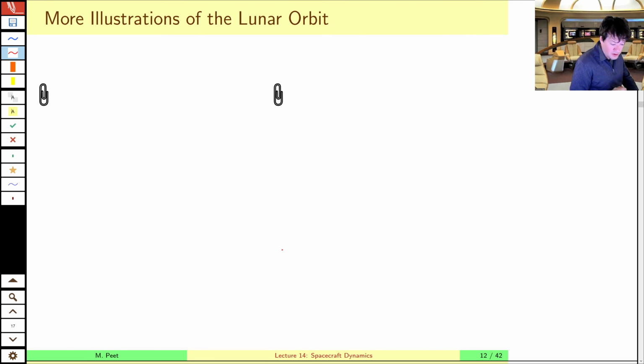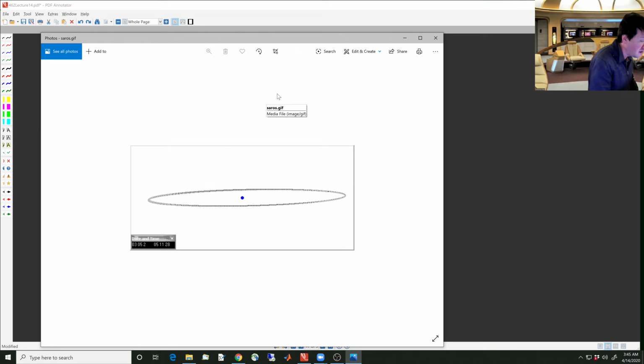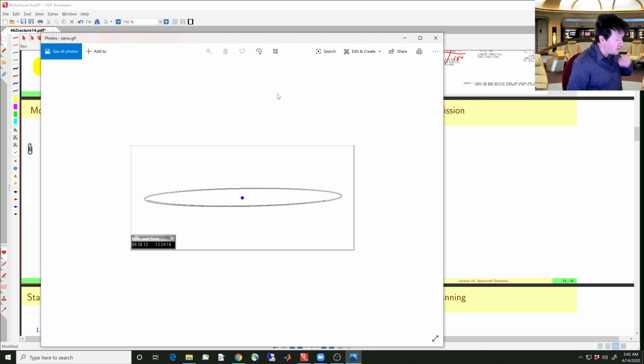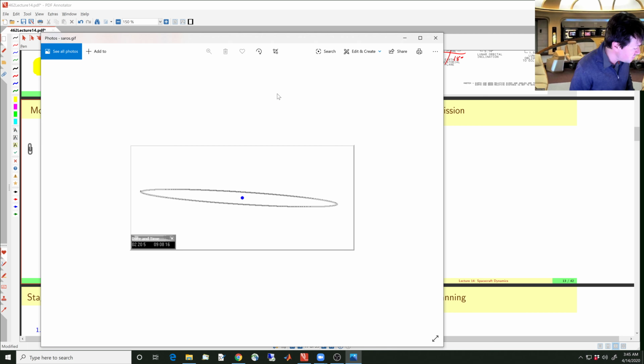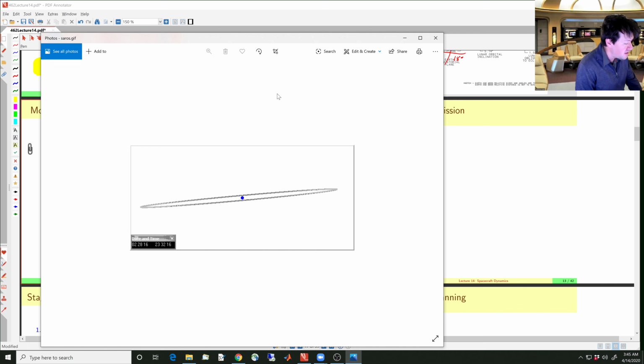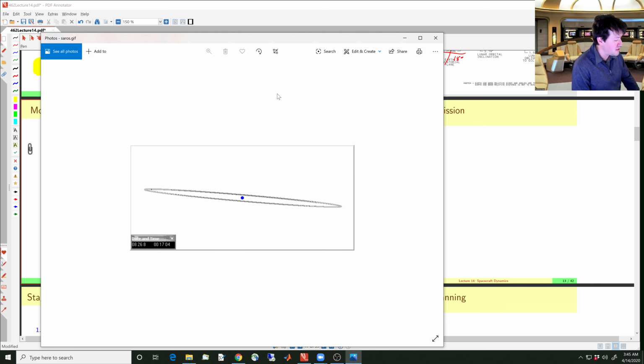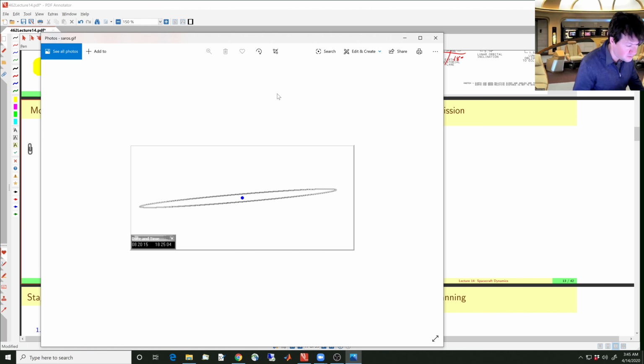All right, so that's pretty much what I wanted to show you. This is the orbital plane of the moon as it precesses around, again being pulled by the sun with respect to the ecliptic plane. This is in the Earth-centered inertial coordinate system.